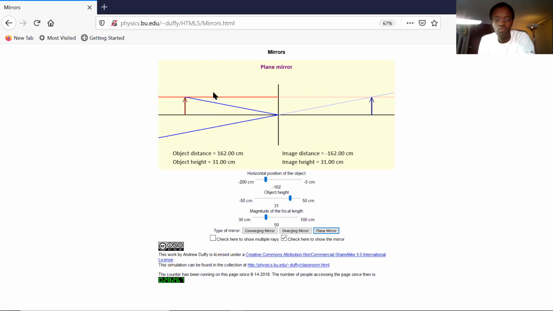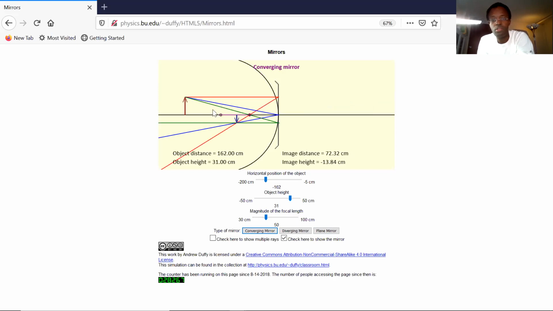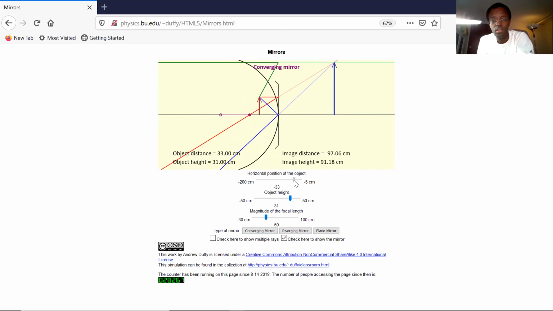Now, for the converging mirror, we go back to the converging mirror. You see that we have different types of images. If I take the object closer, see what happens now? The image becomes larger, stays inverted. Now something new.